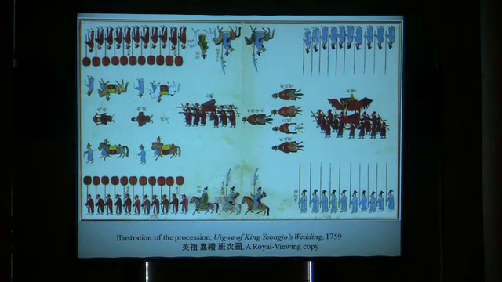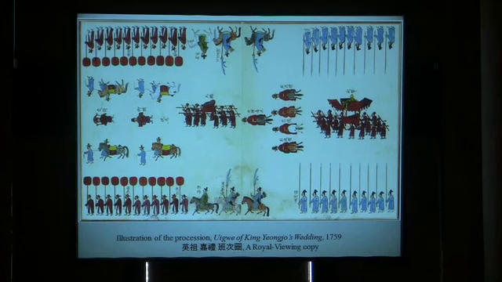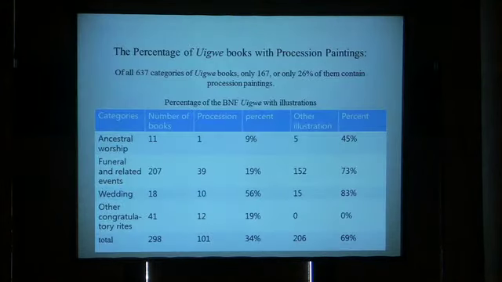I will come back to this later, but this is a section of King Jeongjo's wedding procession in 1759. Now, when we got back all these Uigwe documents from France, we had a great deal of media coverage in which all these procession paintings were really highlighted.